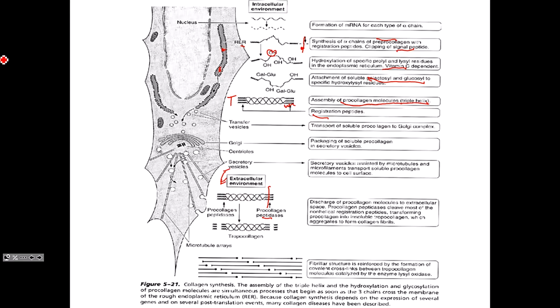Now that you've chopped off a piece of it, it is now tropocollagen, and that change in physicochemical characteristics causes the tropocollagen to precipitate out as a microfibril, a fibrous protein. And then that tropocollagen microfibril can be bundled together into small fibers, fiber bundles, and so on.